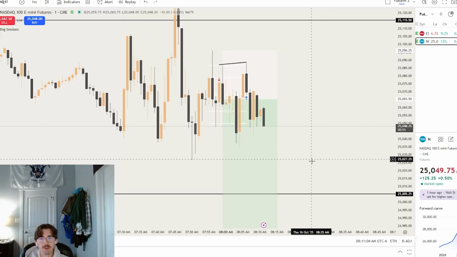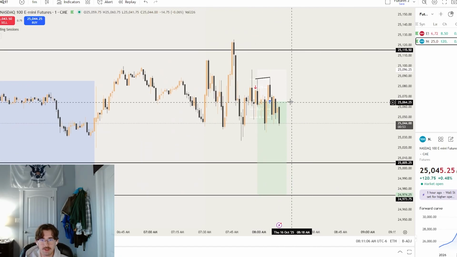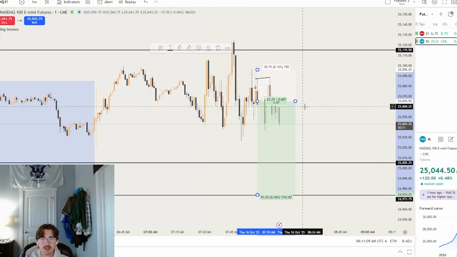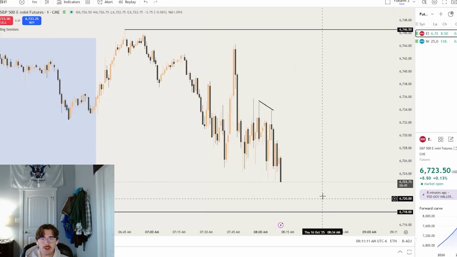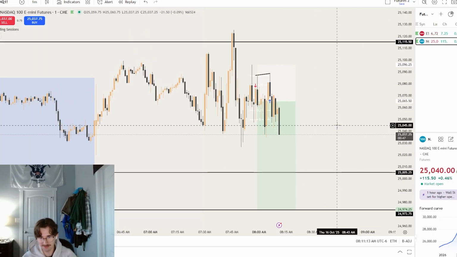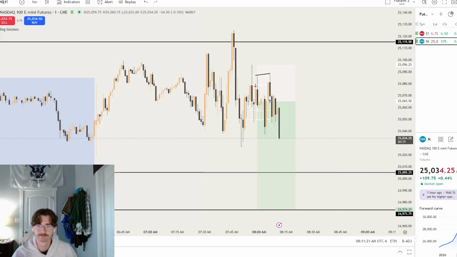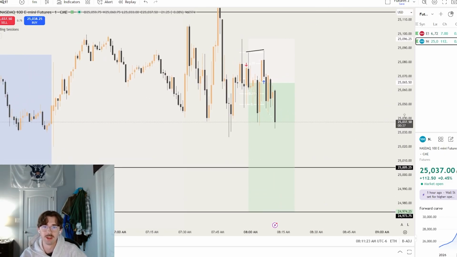I genuinely believe, next few candles, we're gonna get some moves down. Look, I know what I'm doing! I know what I'm doing! Holy shit.